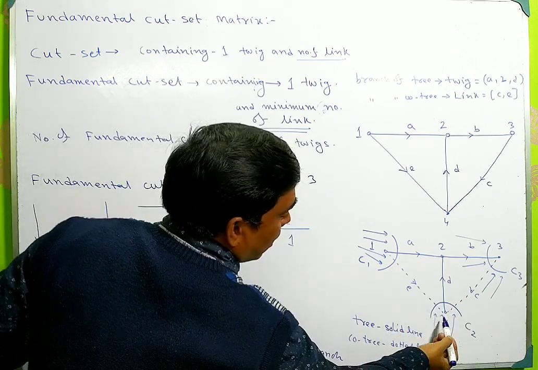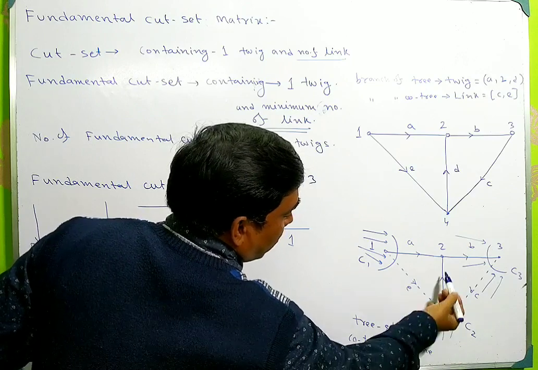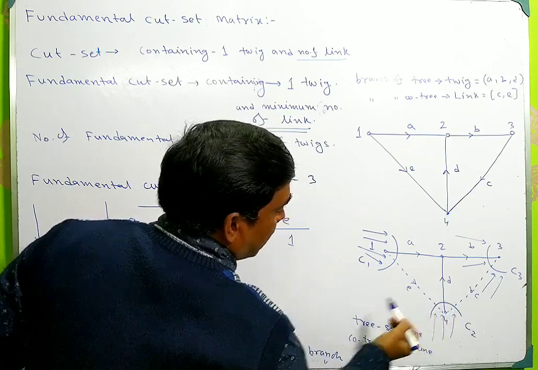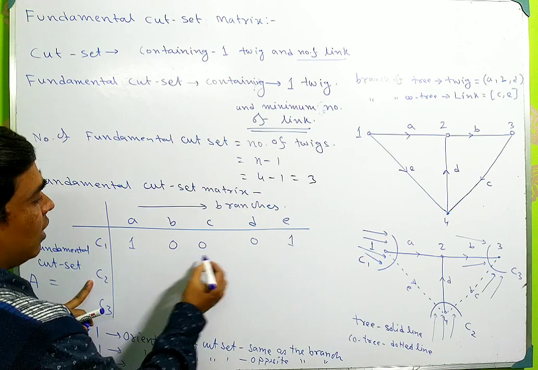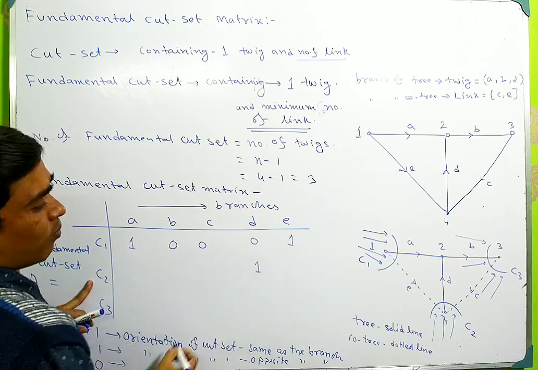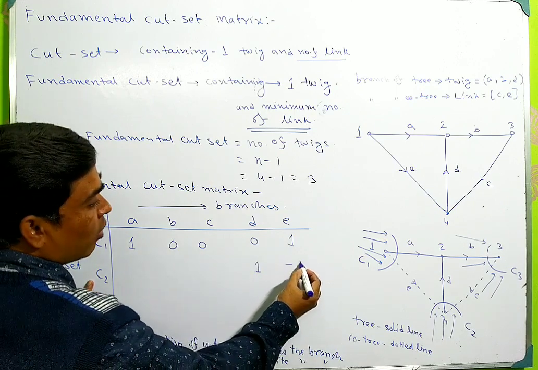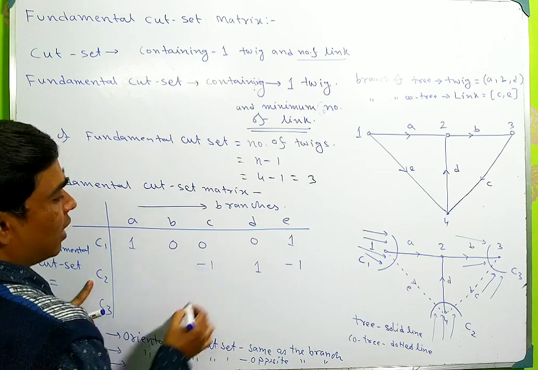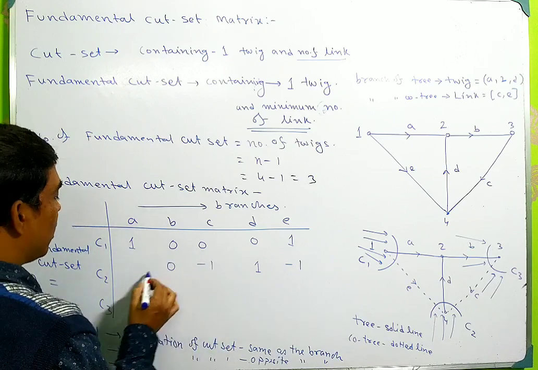Now this is cut set C2. In this case, D only is in the same direction, C and E are in the opposite direction. So D is a positive quantity, E is -1 and C is -1. All others are not connected.